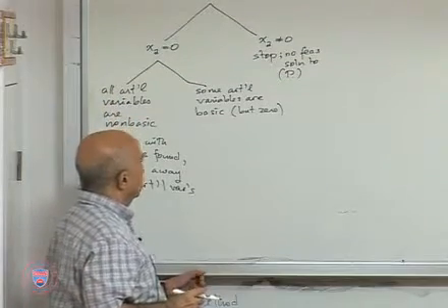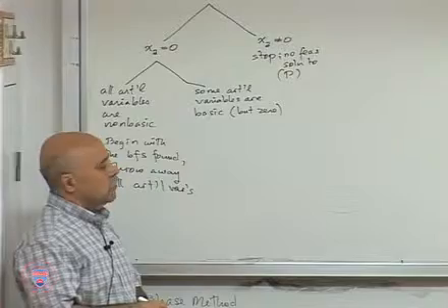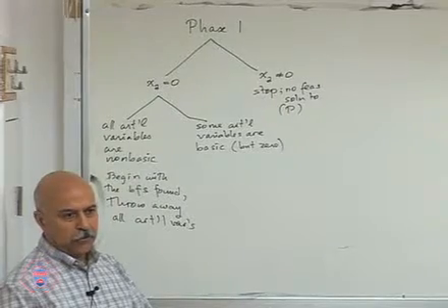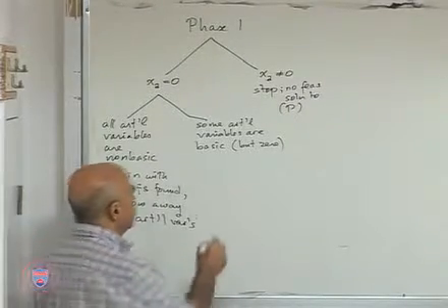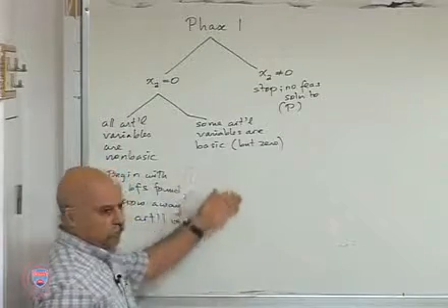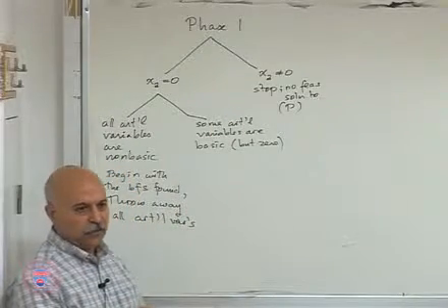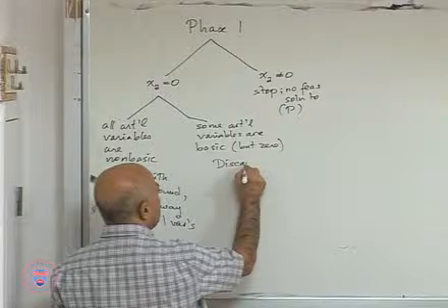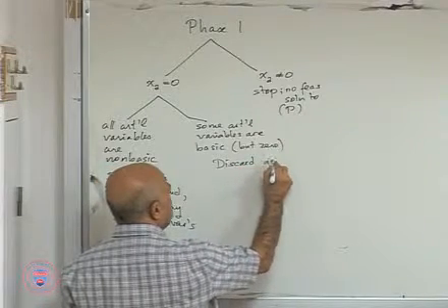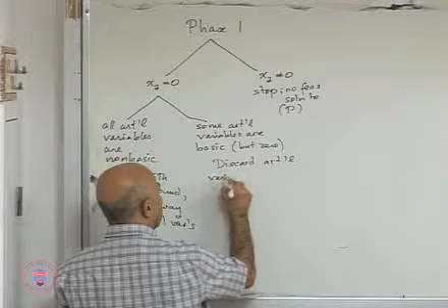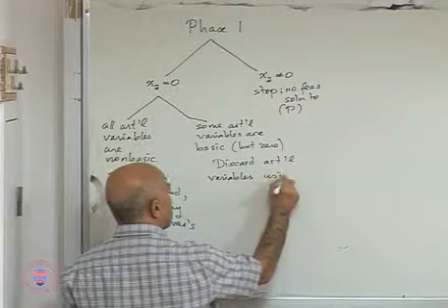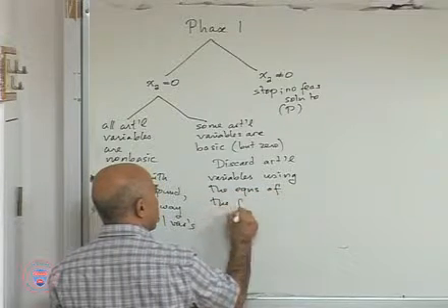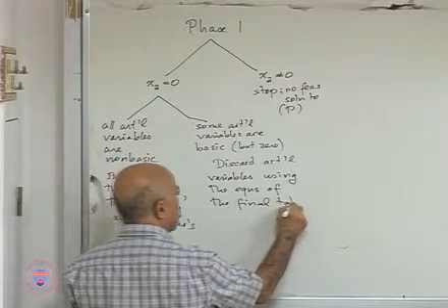In this case, to continue to phase 2, you want to get rid of the artificial variables. So you need to know how to handle that situation, okay? I'm going to simply write down here what we should do, then I'll illustrate it or describe it in a general tableau. Discard artificial variables using the equations of the final tableau or the terminating tableau of phase 1.